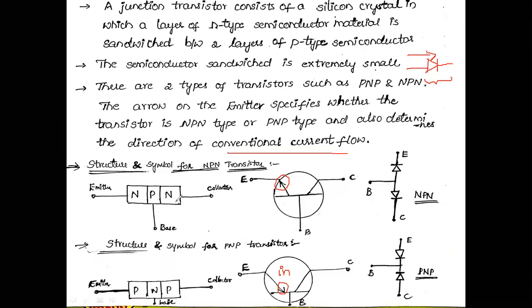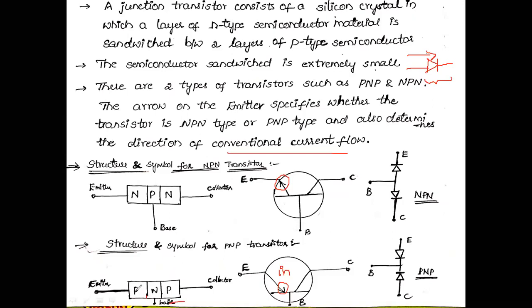And this is the layered diagram for PNP type of transistor. This is p-type semiconductor material, n-type semiconductor material and p-type semiconductor material. I am going to draw three terminals here. From the middle layer I am going to draw one terminal, that is the base terminal.